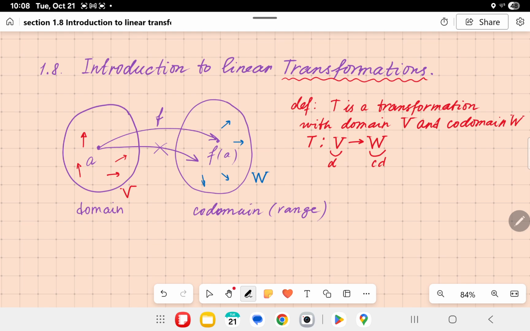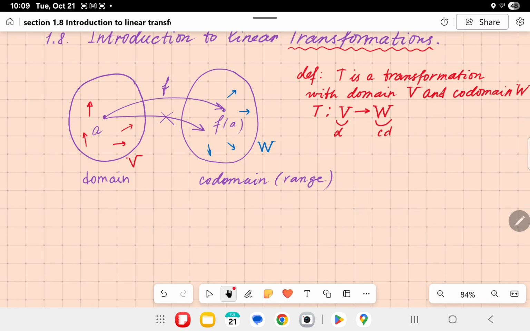Well, in chapter 1, we mostly were dealing with matrices and standard vector spaces Rn. So we are going to continue working with these vector spaces. So for this section 1.8, we are going to consider V and W to be spaces Rn and Rm, just for this specific section.